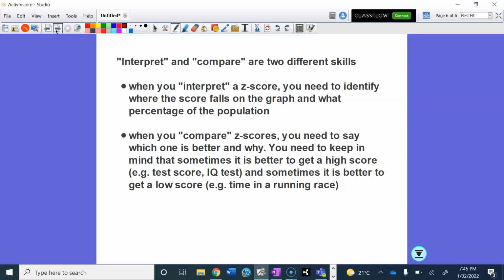You want a high test score, a high IQ test score, so it's better to be on the right-hand side of the graph for those types of things. But something like a running race, the winner gets the smallest time. So sometimes it's not good to get a high score, and you do need to keep that in mind when you're interpreting and comparing.